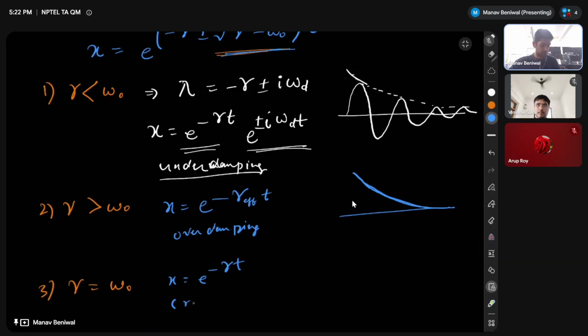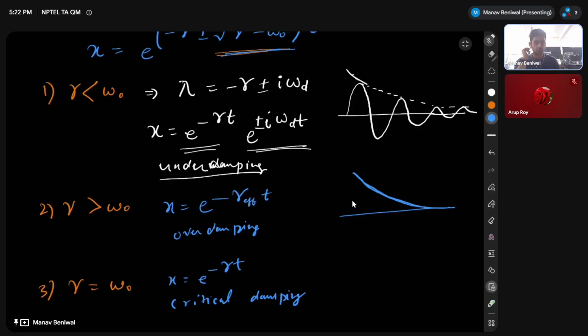This condition is known as critical damping, because this is the fastest way of damping, as gamma effective is always less than gamma. So the system damps most quickly when this condition is matched.